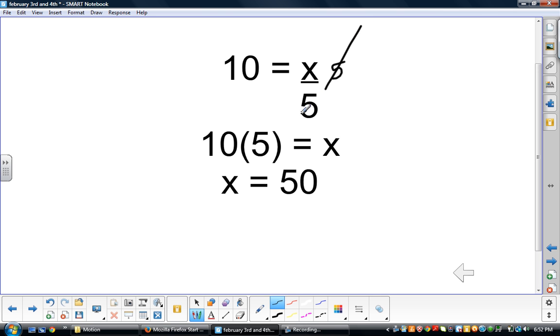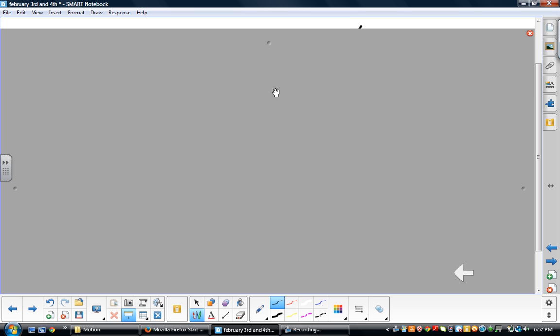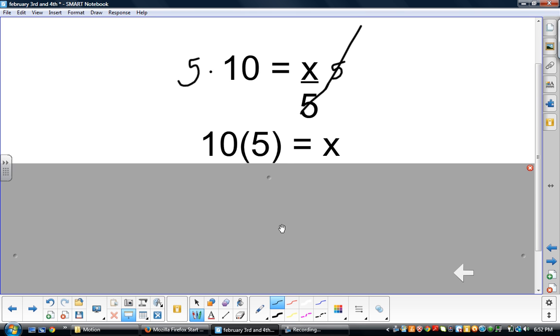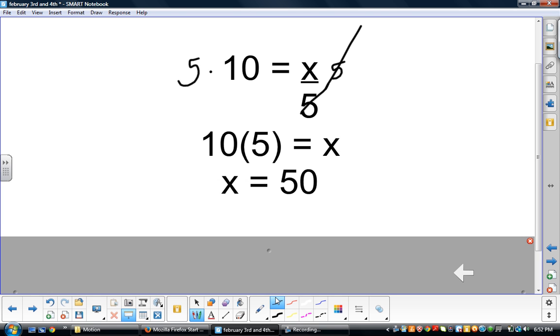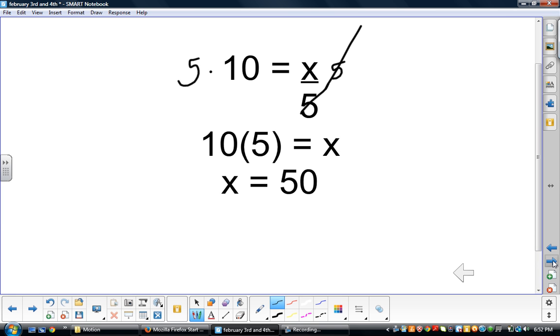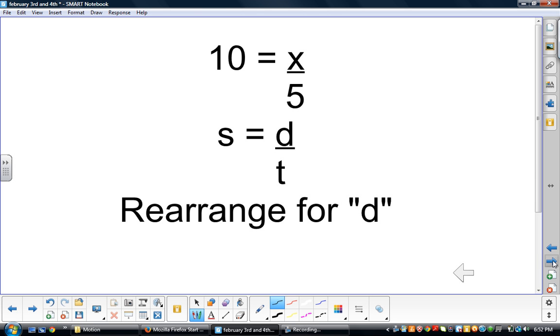This would cancel, and then we multiply this side by 5 too, right? That's what you would do in your math class. So that takes us to 10 times 5 equals x, so x equals 50. Easy problem, right? You do that kind of thing all the time. Some of you have done those for years.